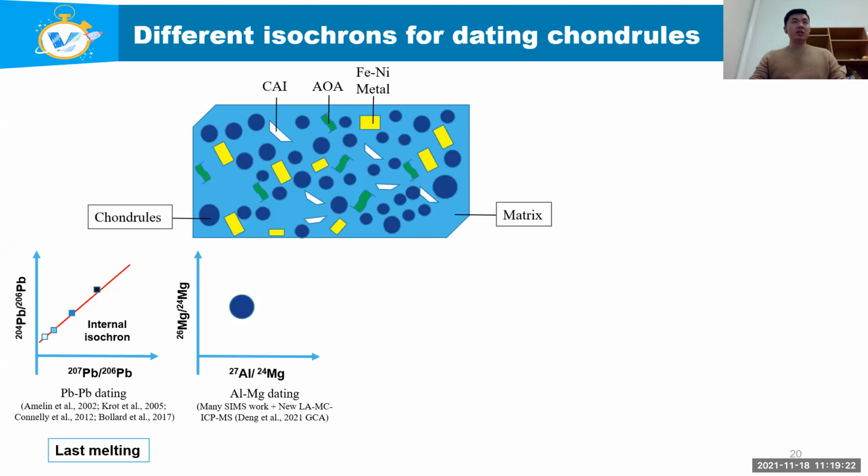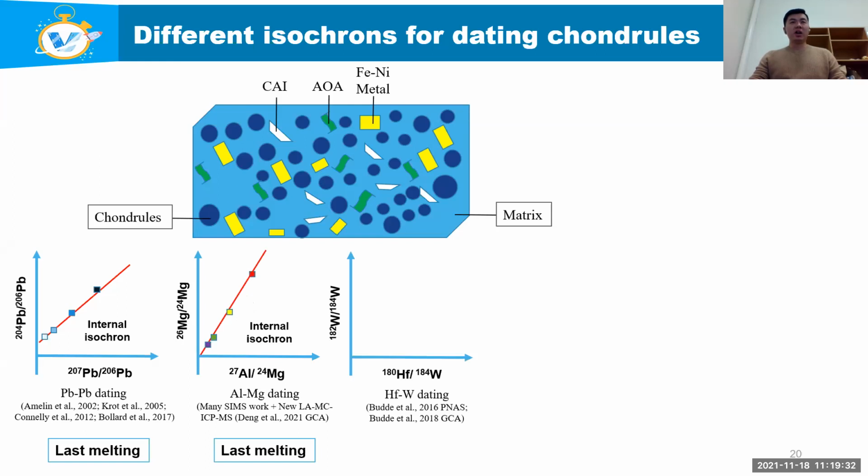They also dated one chondrule with different mineral phases, and this is also an internal isochron reflecting the last melting age. And for hafnium-tungsten, they dated both chondrules, or like the bulk chondrules, plus the matrix materials. I think this is mostly mixing and does not have any time significance.